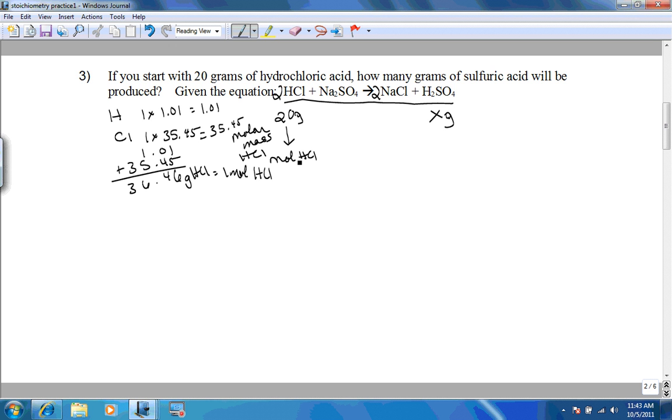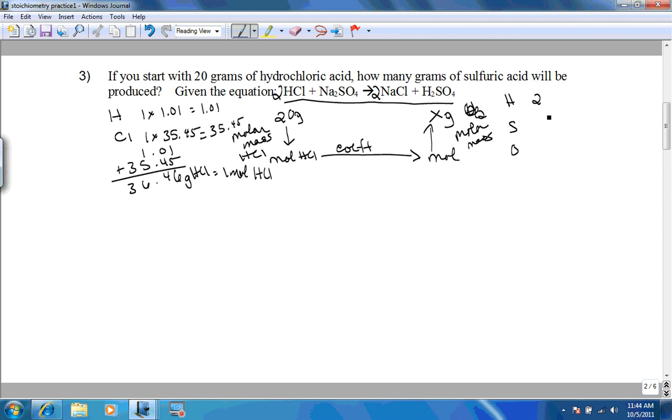Now that we have what we need to get into moles of HCl, we need to go from moles of one to moles of another. In order to do that, we're going to be using the coefficients. There are no conversion factors for that because we're going to be using the big numbers in front that we use to balance the equation. And then we want to go to moles of H2SO4 into grams. In order to do that, we will need the molar mass of H2SO4, which means we have hydrogen, sulfur, and oxygen.